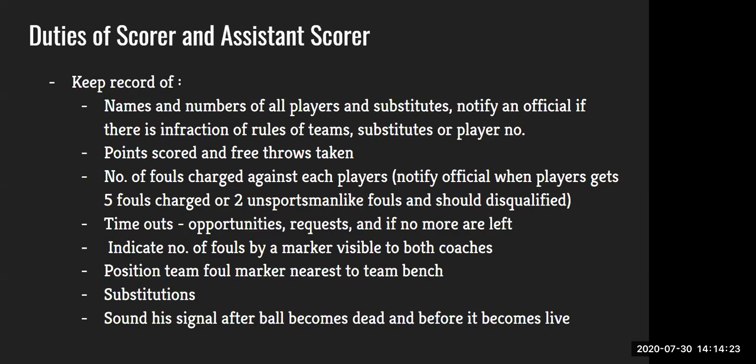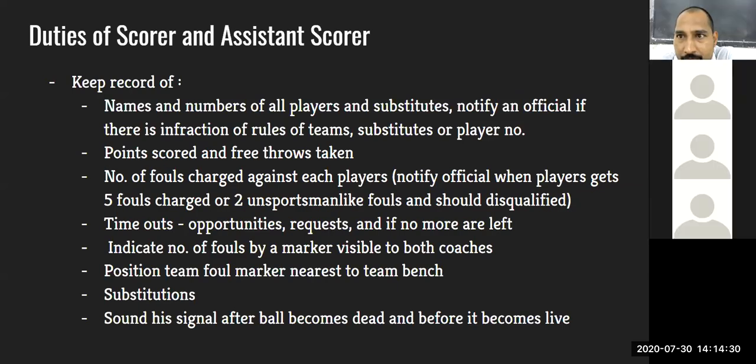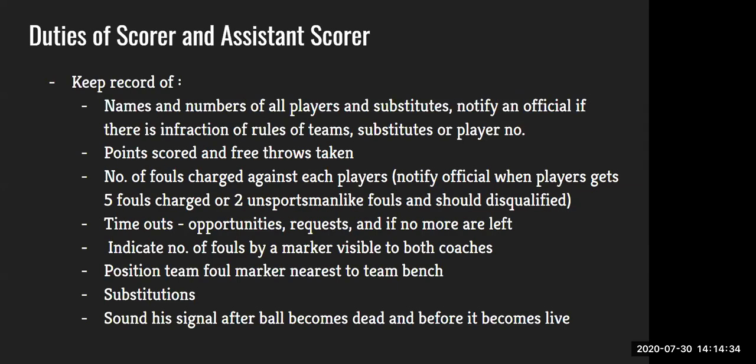So the duties of the scorer and assistant scorer. They have to keep a record of the names and numbers of all players and substitutes, including the players who come in during the game.